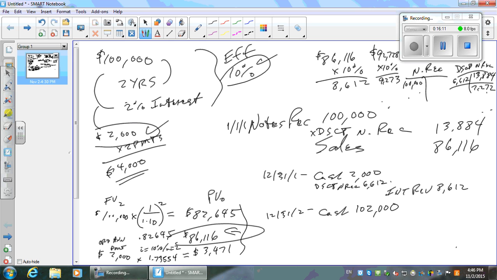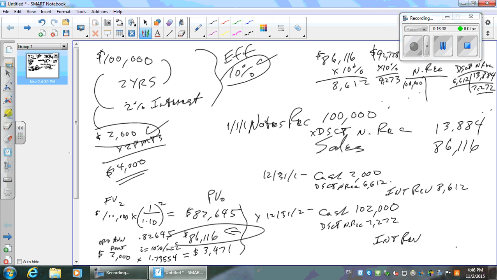So what's the journal entry for December 31st, year 2? Debit cash, debit discount on notes receivable. We've got to get rid of it. What I want it to be is 7,272. And what do I want my credit to interest revenue to be? Well, I got a rounding error.